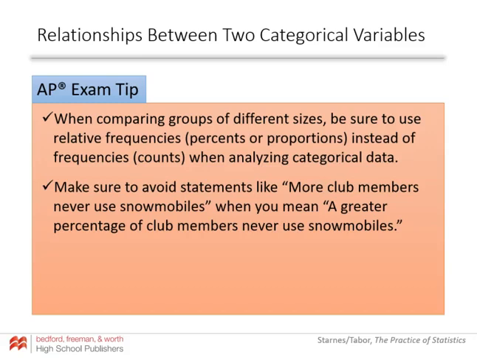So we'll stick to relative frequencies. It keeps you safe if your groups are different sizes. But when you do that, we have to make sure that we use the correct words. We can't say things like more members. We have to say a greater percentage. Stick to those percentages and use the word percentage in your answer, and that'll keep you pretty safe.